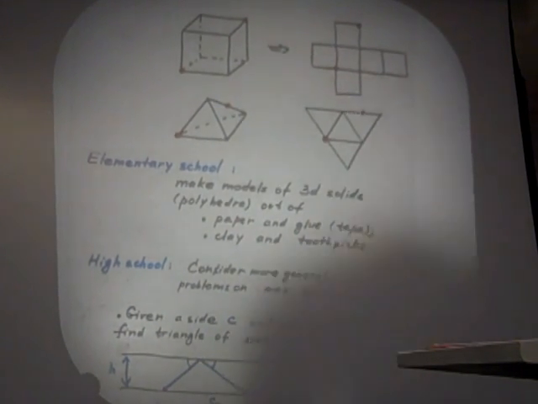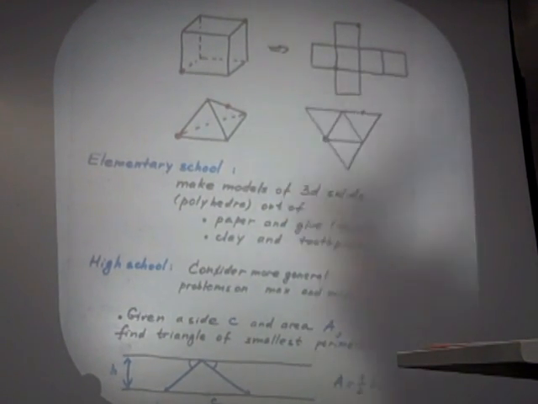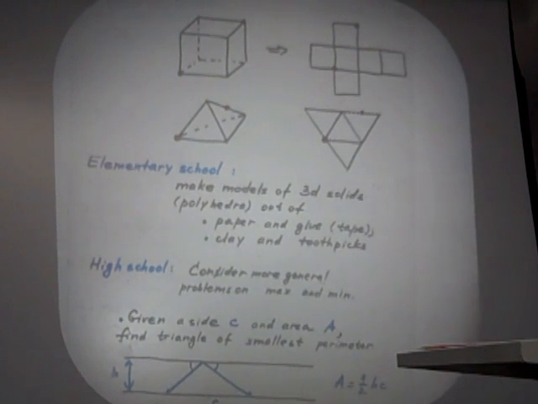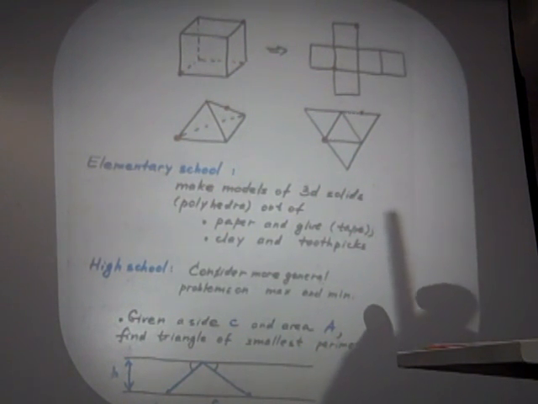By the way, we later investigate, count vertices, edges, and faces, make a big table, and eventually come to Euler's formula for polyhedra this way. So you can also use the same materials for several different things.